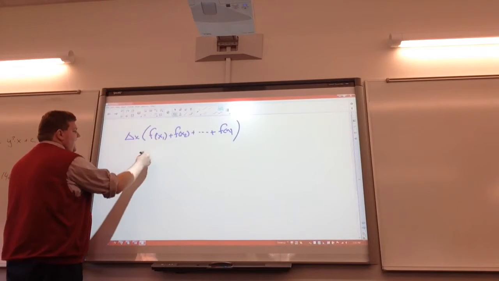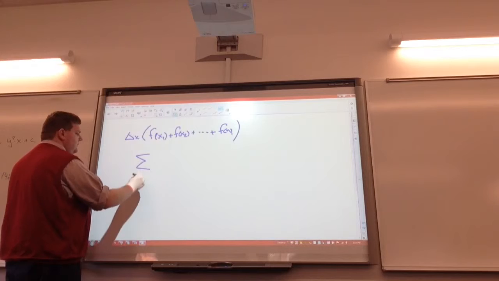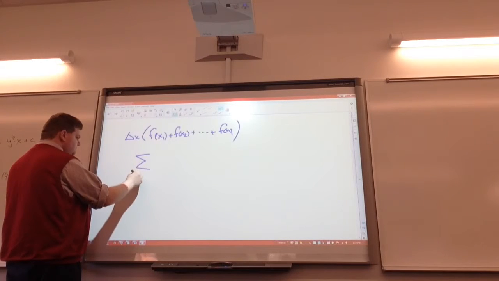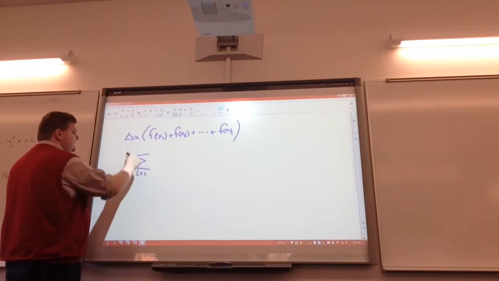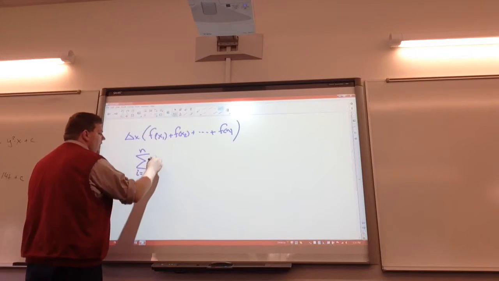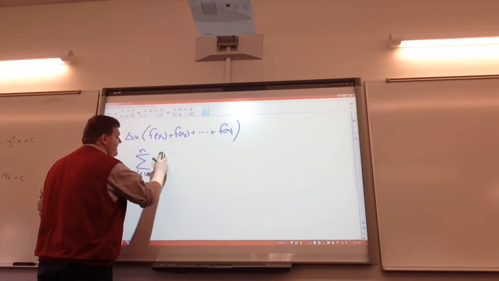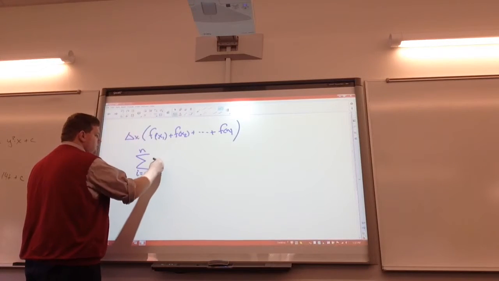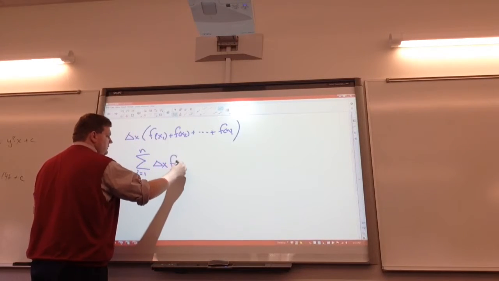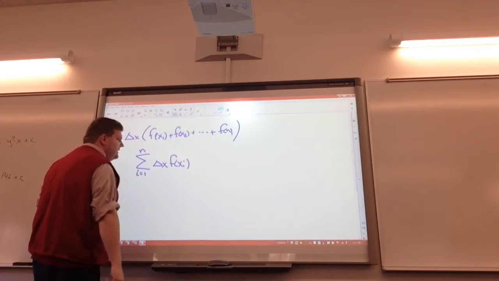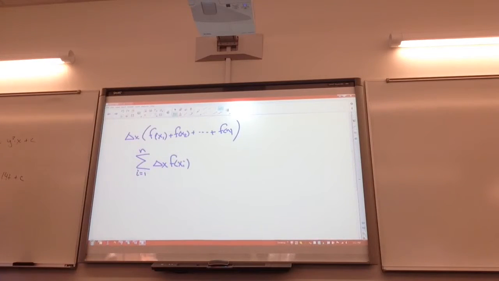And I would write this as the sum from i equals 1 to n of delta x times f of x sub i. And so that sum is the general sum for doing that rectangular method I just did.